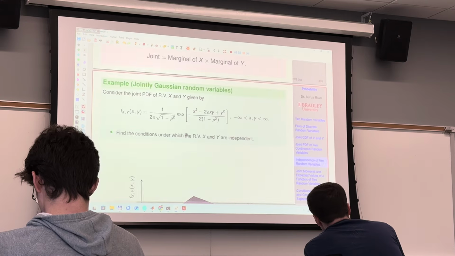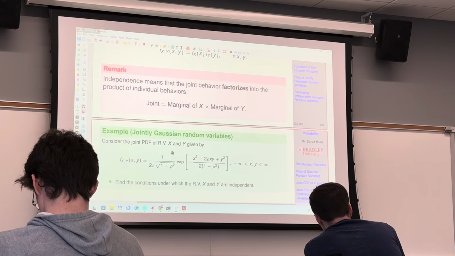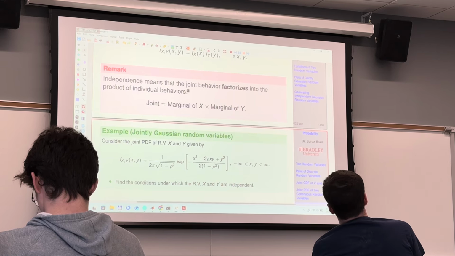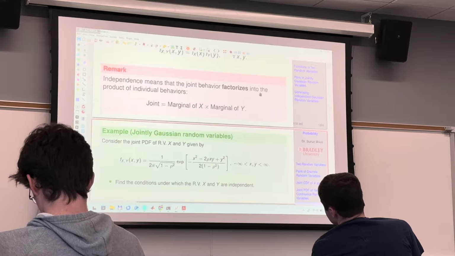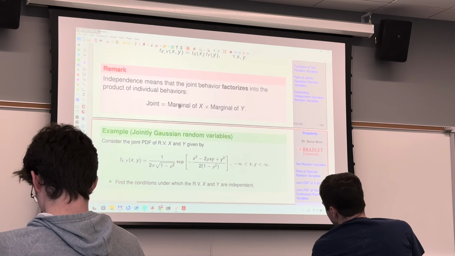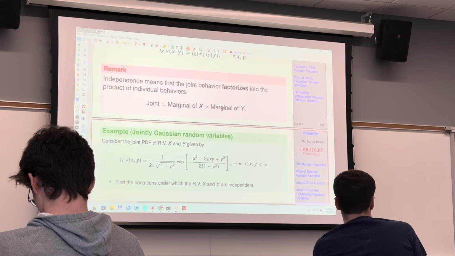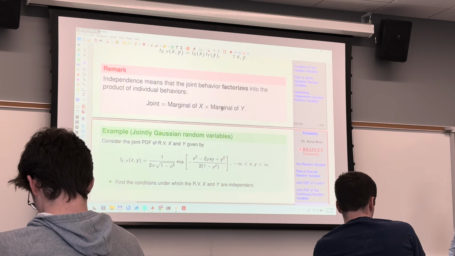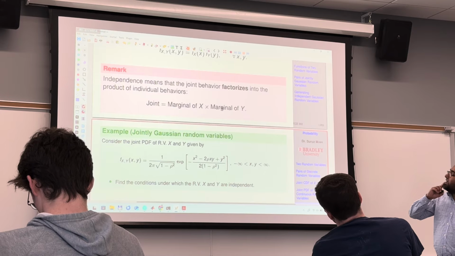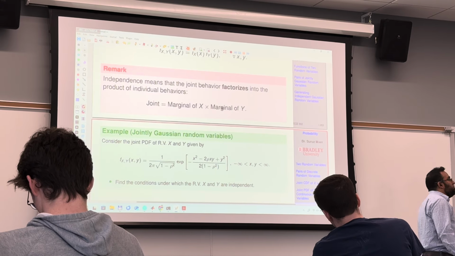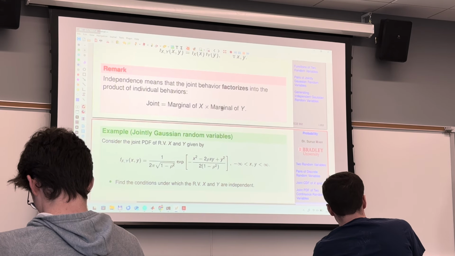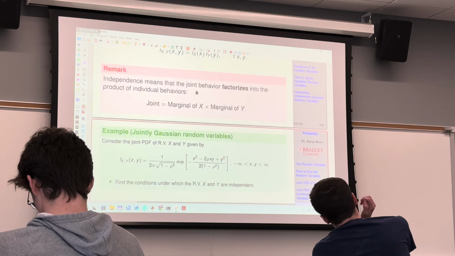I have a nice remark here. Independence means the joint behavior factorizes into the product of individual behaviors: the marginal behavior of random variable x times the marginal behavior of random variable y. This is very, very important.